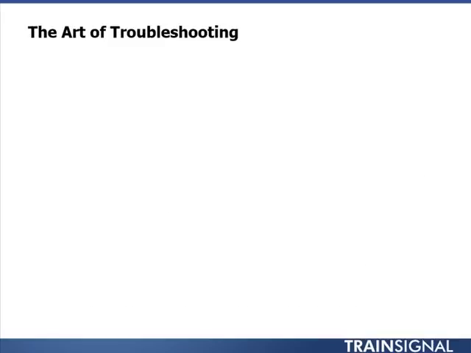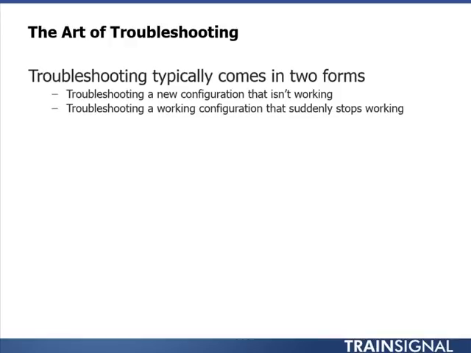As far as the art of troubleshooting, troubleshooting typically comes in two forms. You're either troubleshooting a new configuration that isn't working, or you're troubleshooting a working configuration that suddenly stops working. Obviously the way you handle each of these situations is going to be different. When you're troubleshooting a new configuration that isn't working, you have to assume that the configuration is part of the problem.